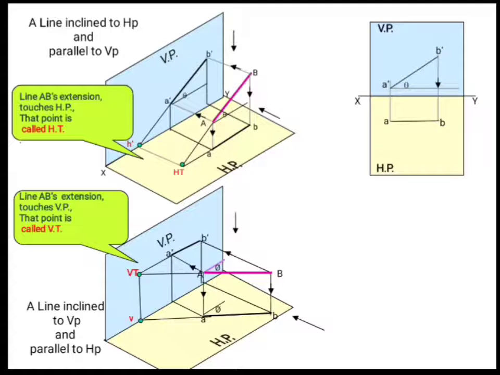Now we can see in the orthographic projection the extension of A dash B dash intersecting with XY line at point H dash, and we can draw a vertical projector through H dash. Then we can extend the plan AB to intersect with that projector and get the point HT.